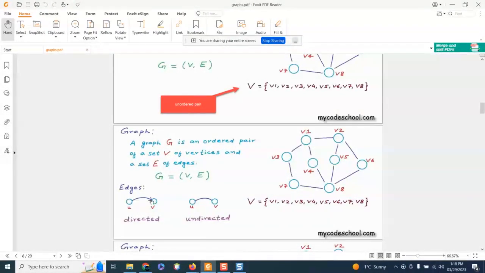So it's a directed graph. You cannot come back from V to U unless you have another arrow. You don't have to mention the arrow if it's a bidirectional or undirected graph, meaning you can go from Red Deer to Calgary and you can come back from Calgary to Red Deer as well. That's an undirected graph. But a directed graph is a one-way graph, going from U to V.